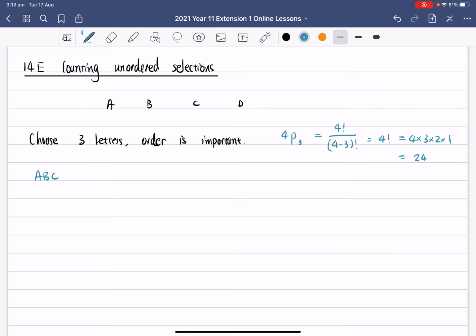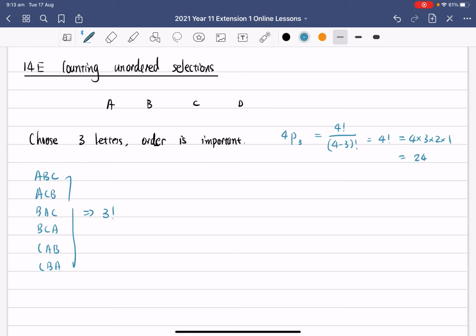However, once we have selected ABC, there's 3 factorial ways to organize ABC, because we can rearrange that into ACB, BAC, BCA, CAB, and CBA. So in total, we have 3 factorial ways to organize 3 elements after choosing from 4 elements.